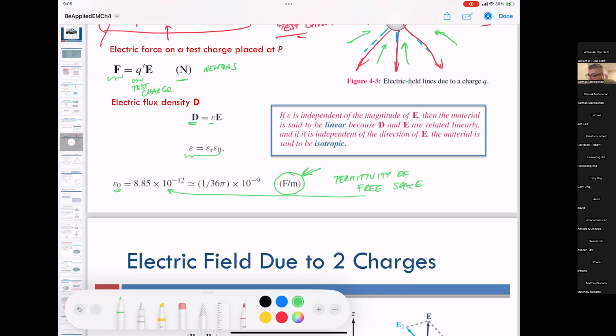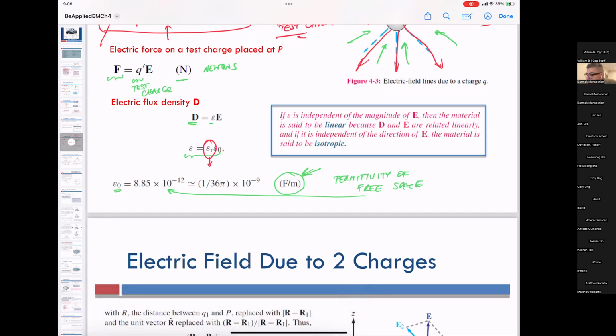Then each material has a so-called relative permittivity, epsilon R. Epsilon naught is just one number for everything, and epsilon r has no units. Depending on what material your electric field is inside, you'll have a different relative permittivity. We'll look at some different values for that. So that's how permittivity is defined.